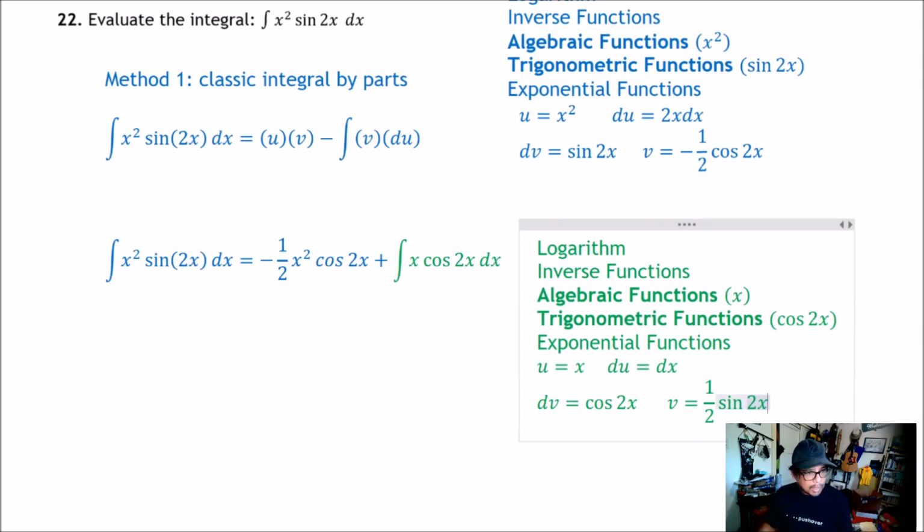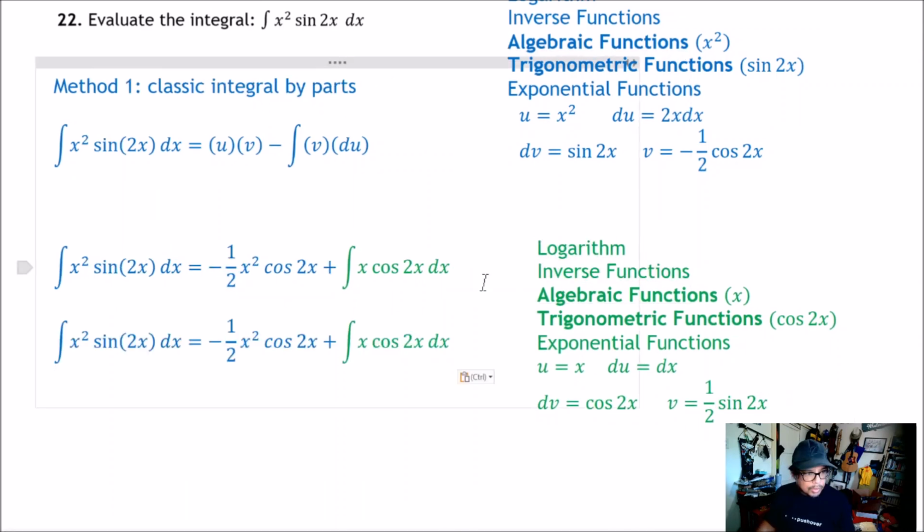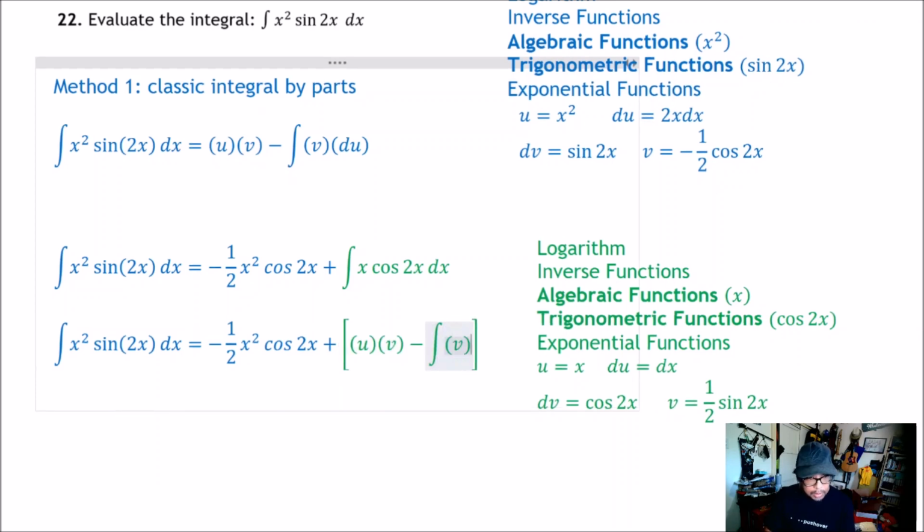Okay, I'm going to need some room here. Here's our last line of work, and we're going to replace this green expression. Let's put that in brackets just to help us with our negative signs. That's going to be u multiplied by v minus the integral of v multiplied by du.